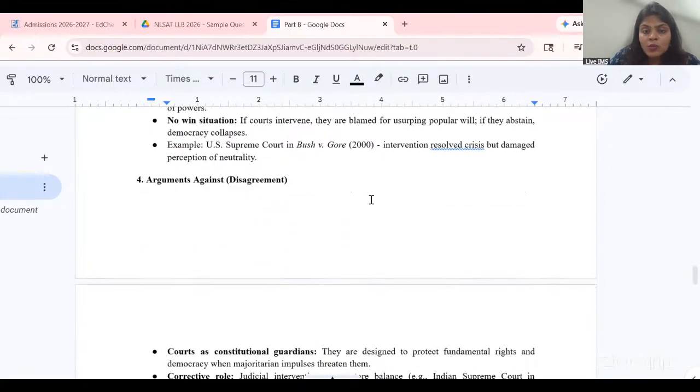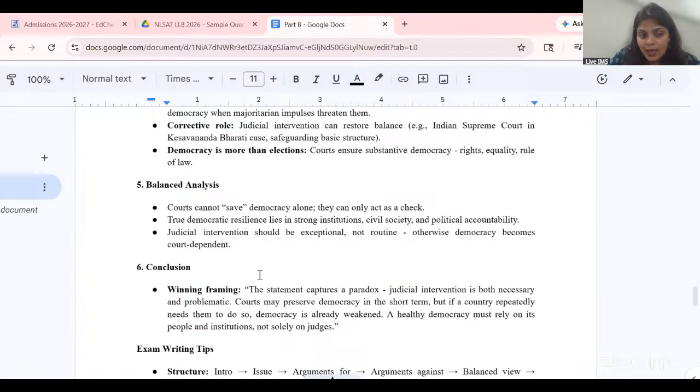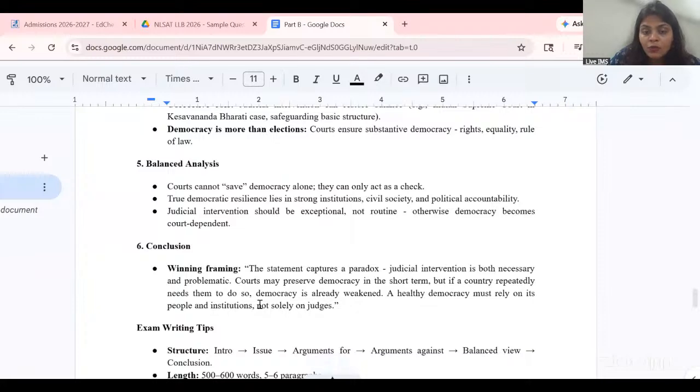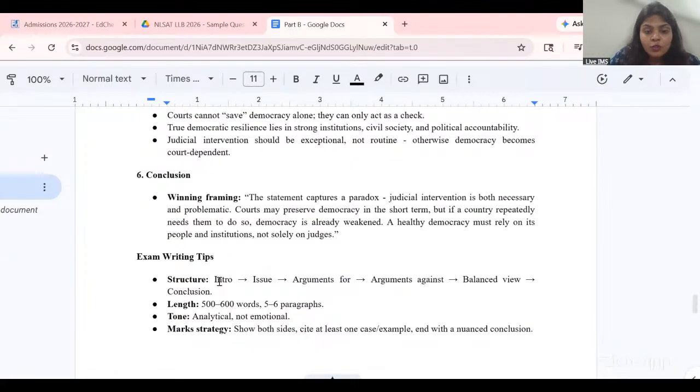You present the arguments from both the sides. Then you finally put up a balanced analysis of the argument, and you conclude by putting up your viewpoint here. So that is how you conclude the answer. So it should be introduction, issues, arguments for and against, balanced view, and conclusion.